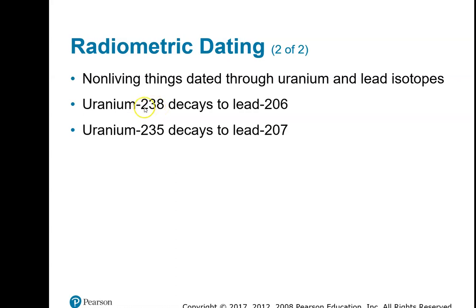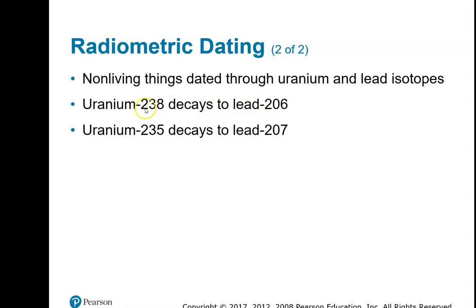There's only a small percentage of it that's uranium 235. So the most common type of uranium is uranium 238. It has multiple daughter atoms, but eventually it becomes this rather rare isotope of lead, but it's stable. It's a very stable isotope of lead called lead 206.